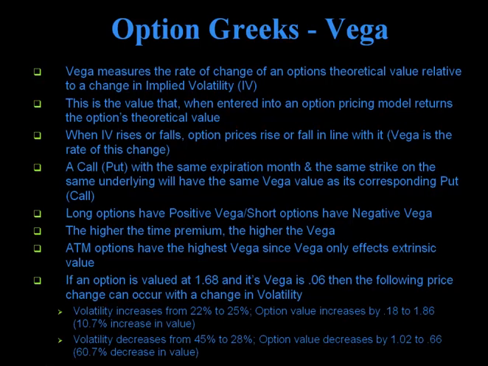More likely, volatility goes up a lot more than that, as a lot of you know. Let's say volatility decreases from 45% down to 28%. What happens to your 1.68 priced option contract? Well, it decreases by 1.02. Remember, it decreases 0.06 for every 1% increase or decrease.